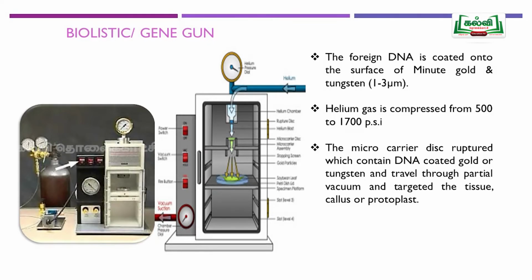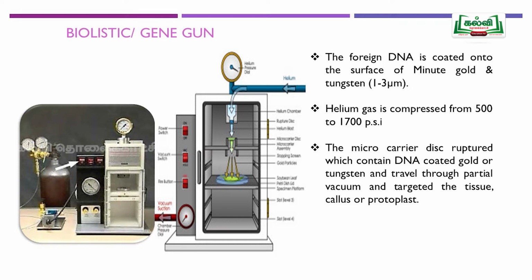The helium gas we have to use here. With the pressure of 500 to 1700 psi, the DNA molecule which is coated over gold or tungsten is propelled. Why do we use gold or tungsten? Gold or tungsten is an inert one.